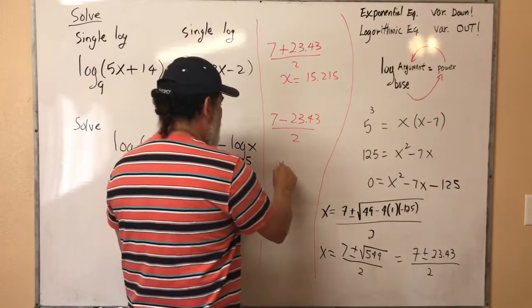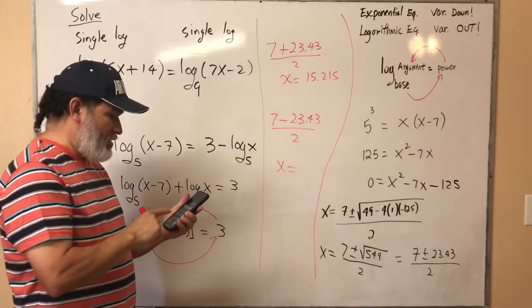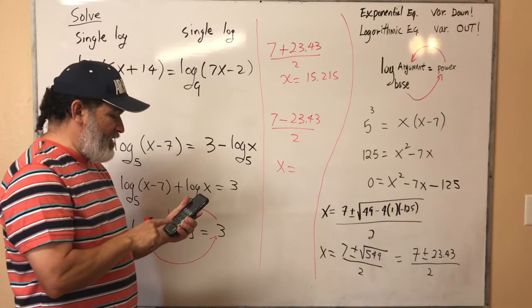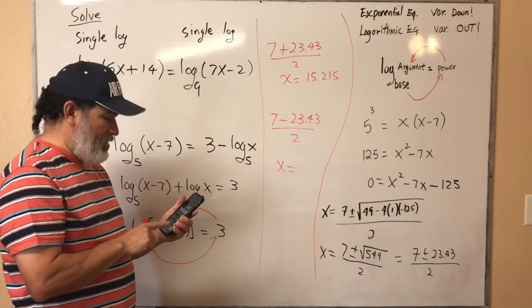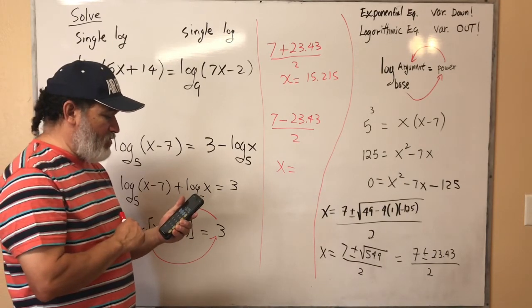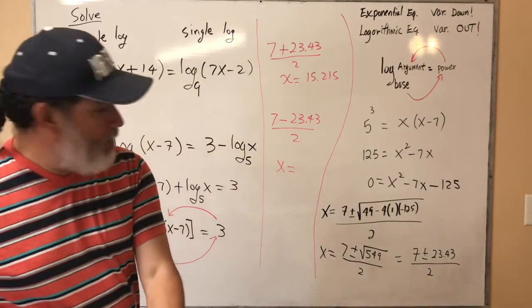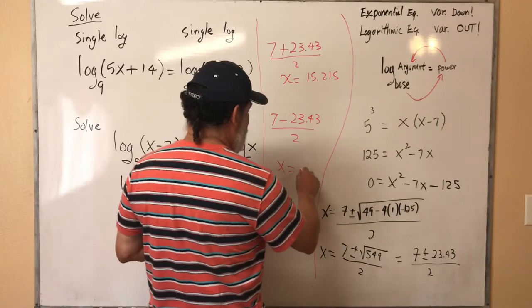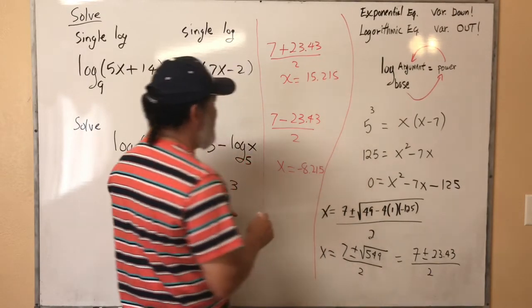How about this one? 7 minus 23.43 divided by 2 equals negative 8.215. So x equals negative 8.215.